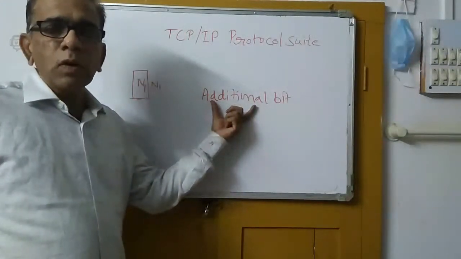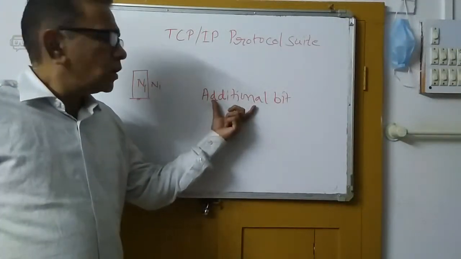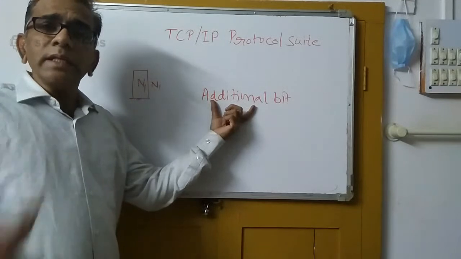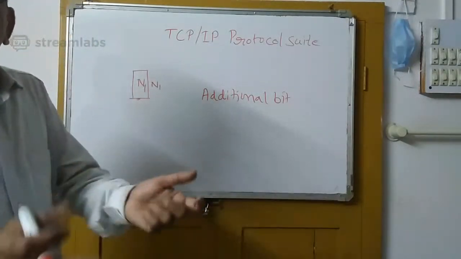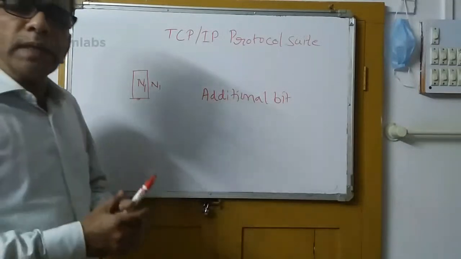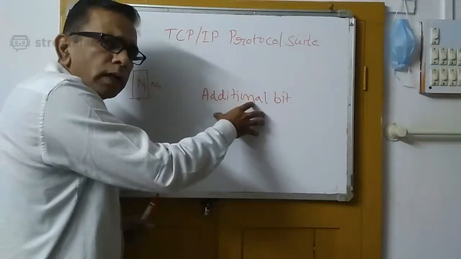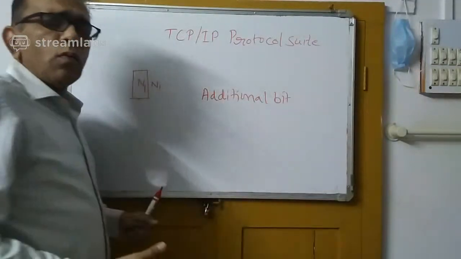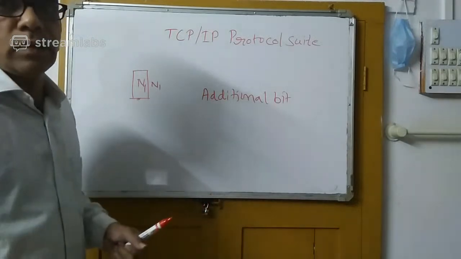You are adding additional unnecessary bits apart from the data, and these additional bits consume some space. Naturally the frame's data carrying capacity is reduced. So to avoid this overhead, error correction is normally not preferred.